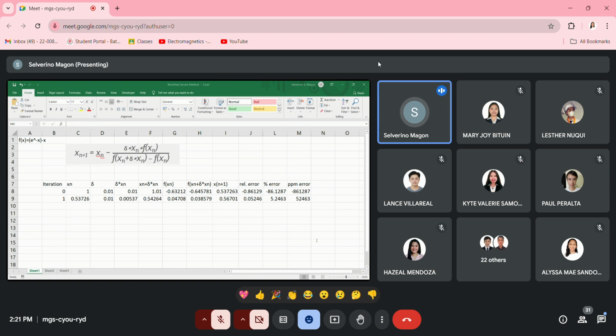Okay, so can you work on that? I'll post the same problem in the chat box. In this case, this is the modified secant method. You have to solve for the same problem, no?